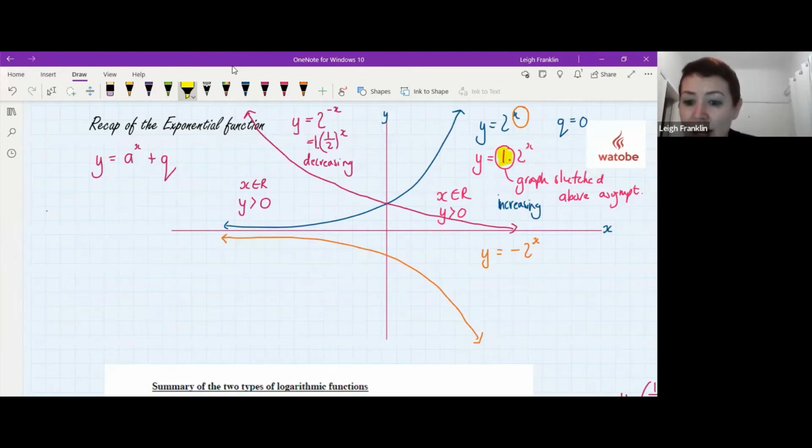What this really means is that you've now got the graph of y equals negative 1 times 2 to the x. So y changes sign when we reflect over the x-axis. And as such, because this is now negative 1, the graph is sketched below its asymptote.